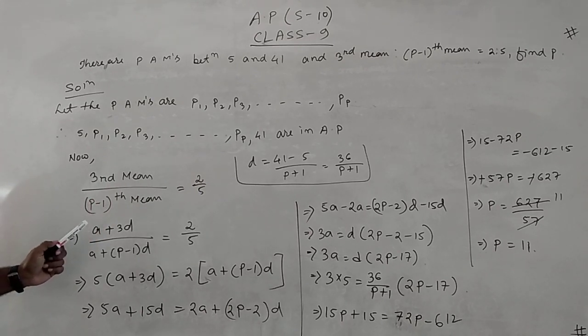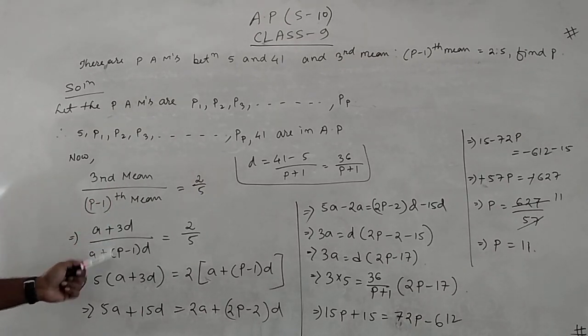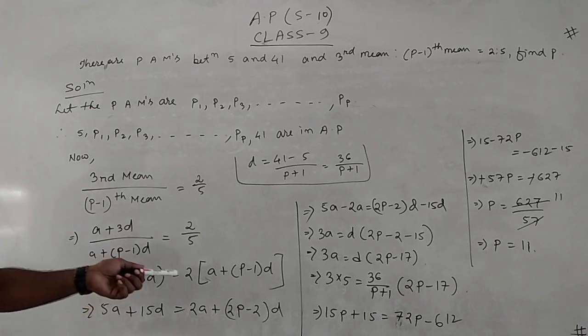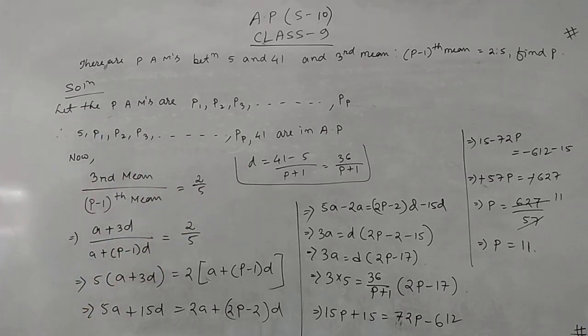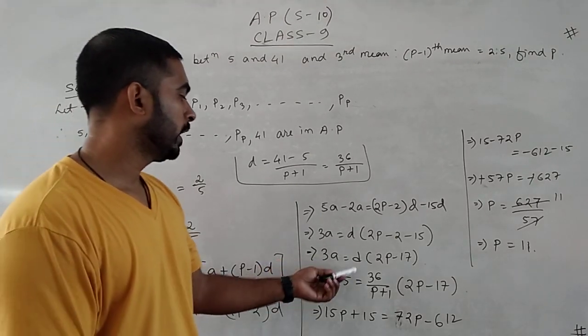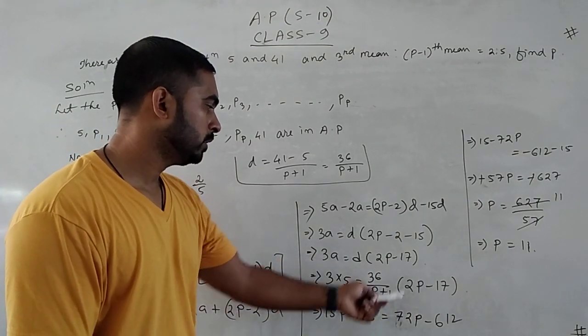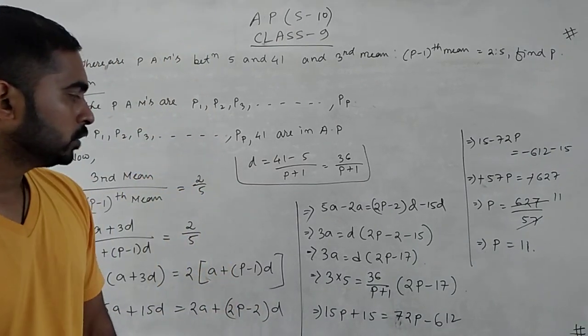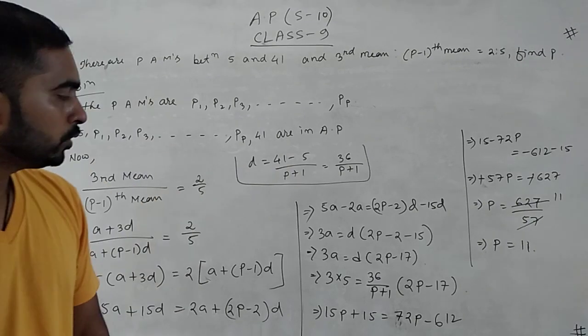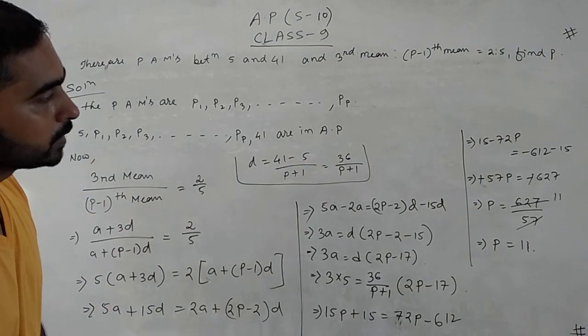Third mean is a plus 3d, p minus 1 at mean is a plus p minus 1 at d. Then do the cross multiply and replace the values, a equal to 5, d equal 36 by p plus 1. So 15p plus 15 equals 72p minus 612. Then finished.